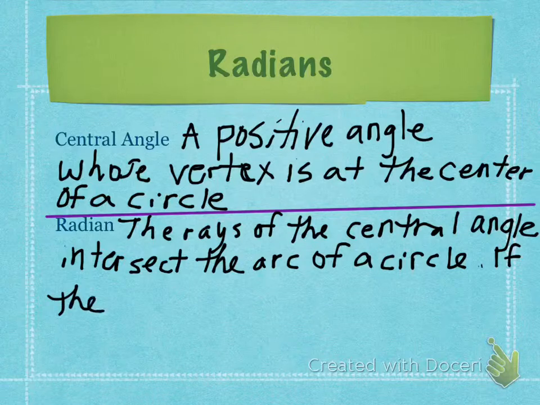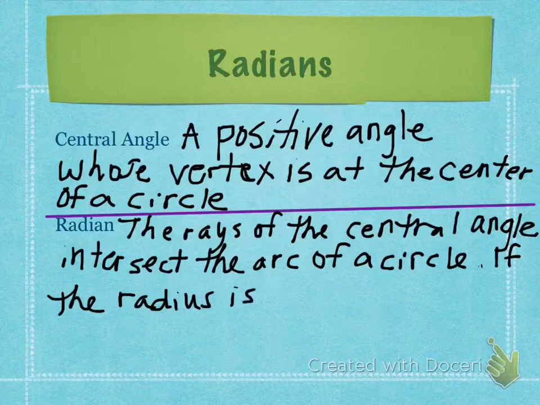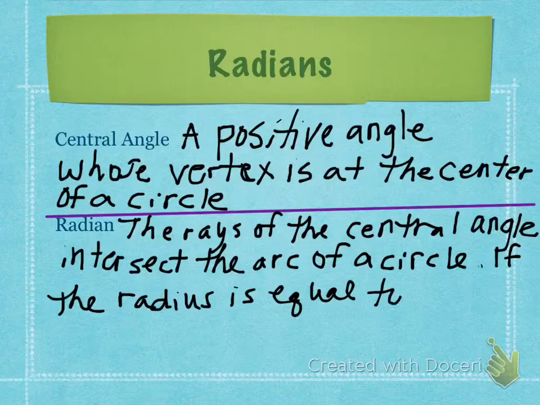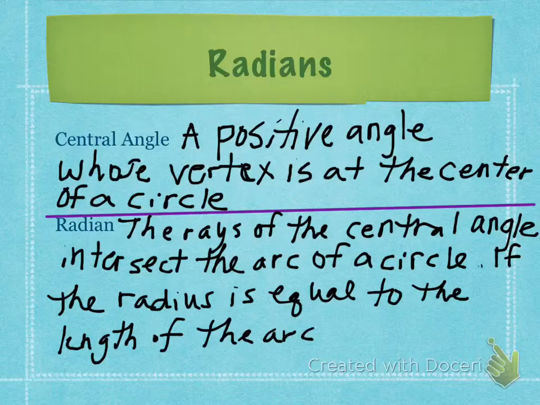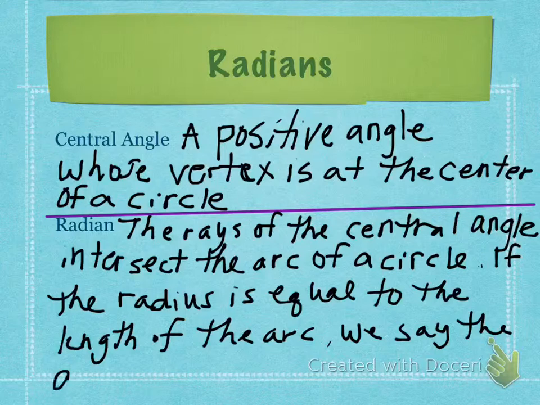If the radius is equal to the length of the arc, we say the measure of the angle, or the angle measure, let's go with that.